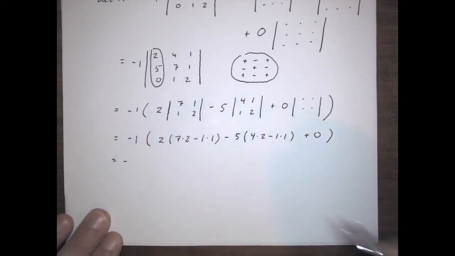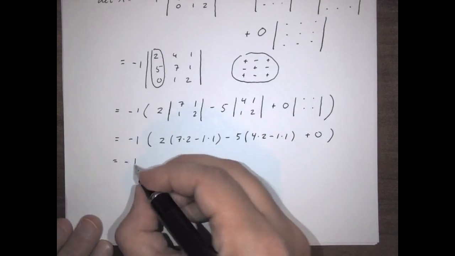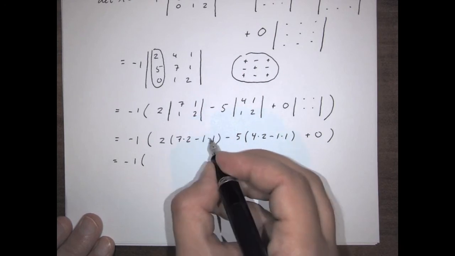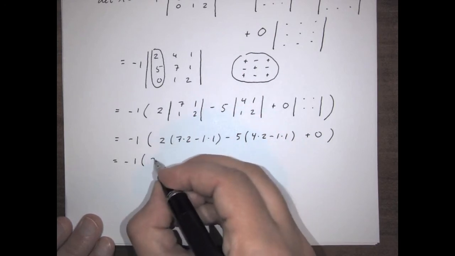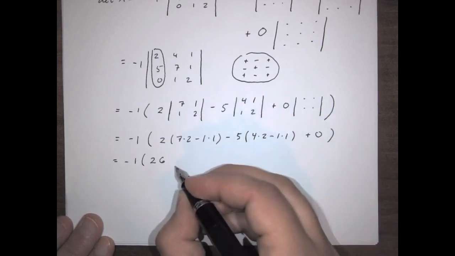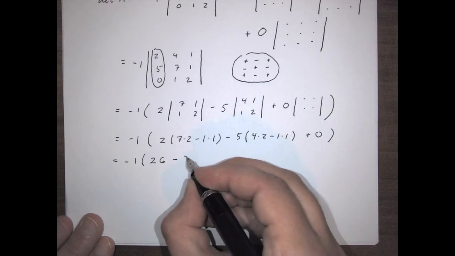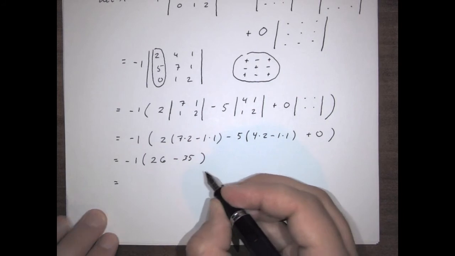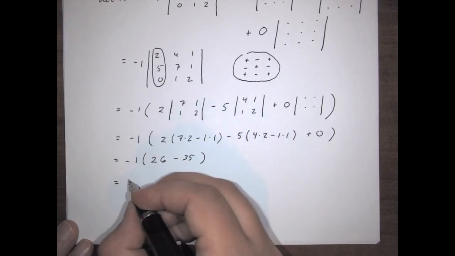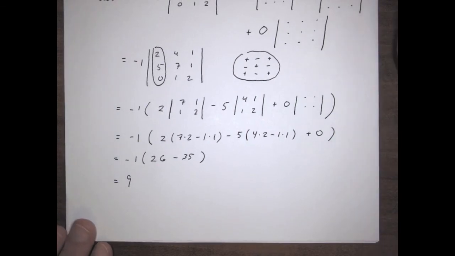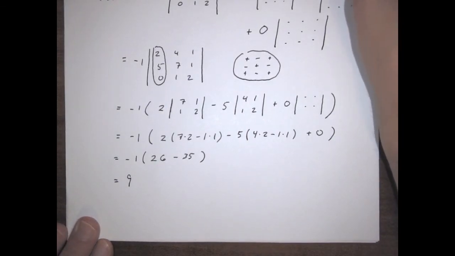Okay, again, calculators exist, and you can do some of the grunt work that way, but these are small enough numbers, we can just figure it out. So 14 minus 1 is 13, times 2 is 26. 4 times 2 is 8, minus 1 is 7, times 5 is negative 35. And so then here, this is going to be negative 9 times negative 1 will make a positive 9. So that's the way that would go.